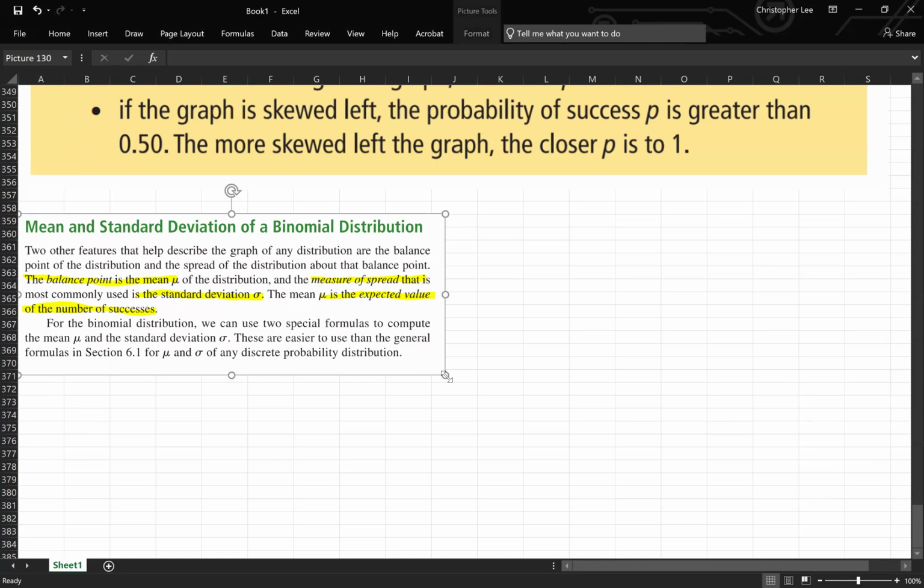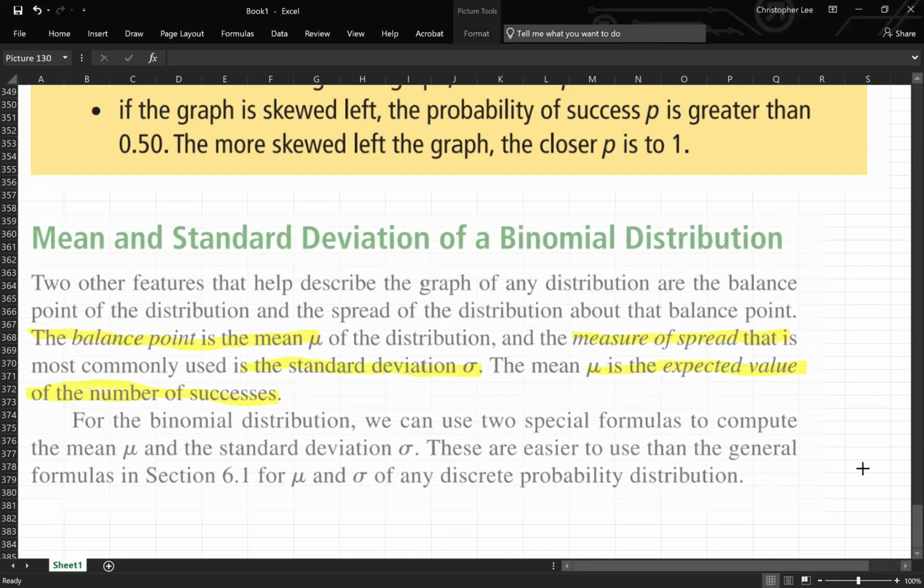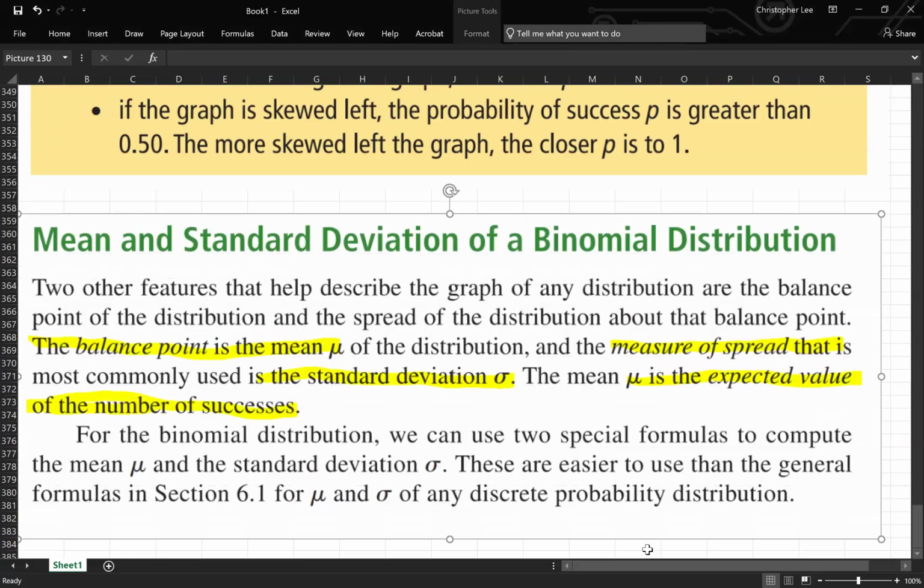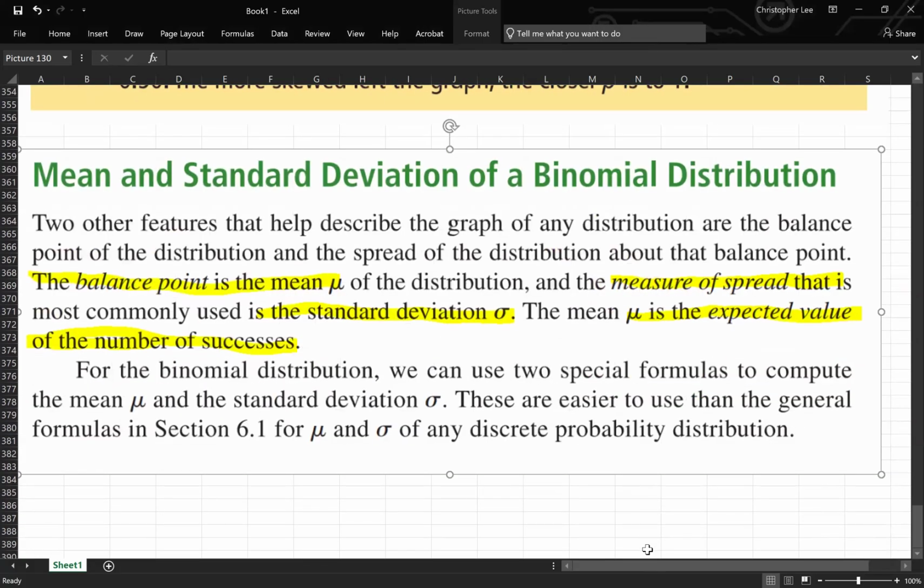So we're going to be talking about the mean and the standard deviation of a binomial distribution. All right. So two of the features that help describe the graph of any distribution are the balance point of the distribution and the spread of the distribution about the balance point. The balance point is the mean, mu, of the distribution, and the measure of spread that is most commonly used is the standard deviation sigma.